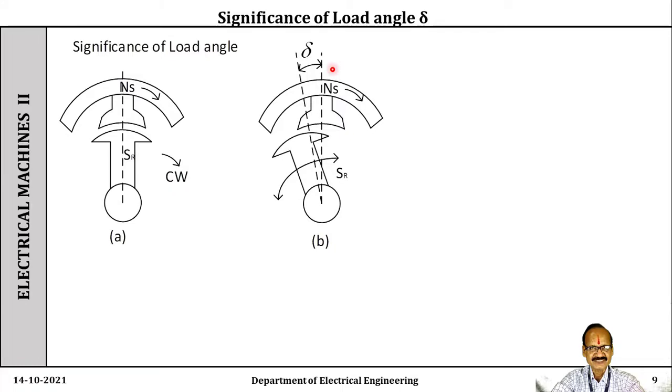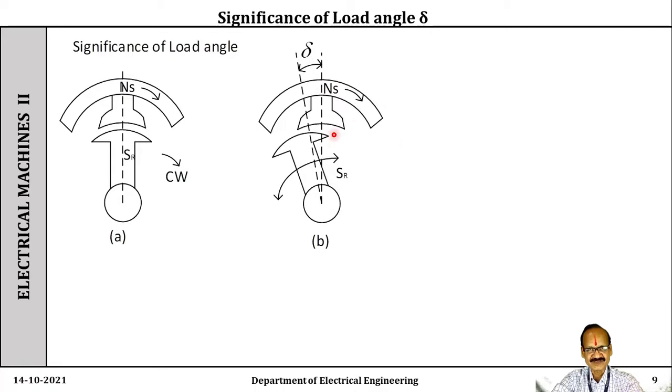So the angle between the stator polar axis and rotor polar axis is delta. And there will be an angle delta between VPH and EPH, that is, the induced EMF. This angle delta is known as the load angle, torque angle or power angle.